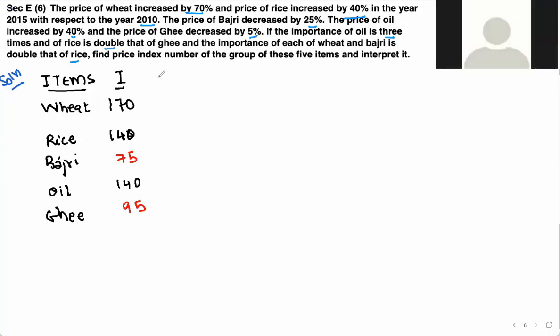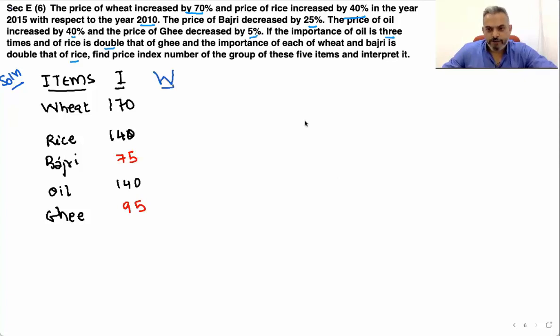Now, weights. This is important. That's why I'm solving this. Now, in weights, the importance of oil is 3 times and of rice is double that of ghee. So let's take ghee as 1. The importance of oil is 3, and rice is double, so rice is 2.